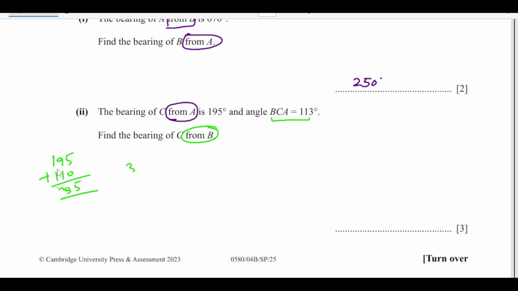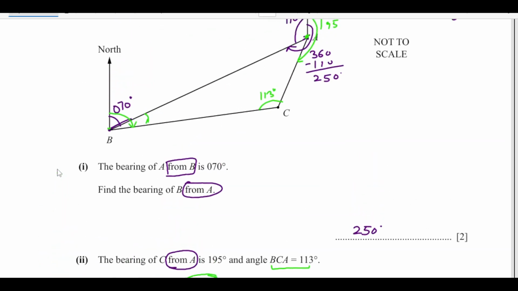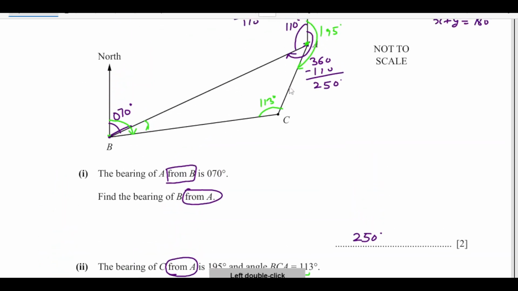Then we subtract it from 360. 360 minus 305, this is 55. Okay. So this is now 55. So which angle? This angle is 55 here.